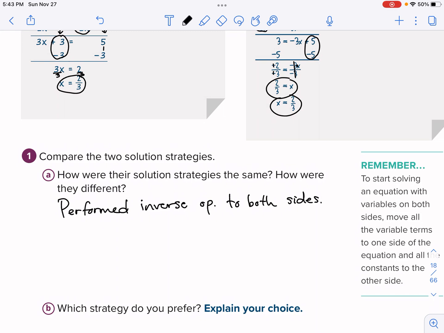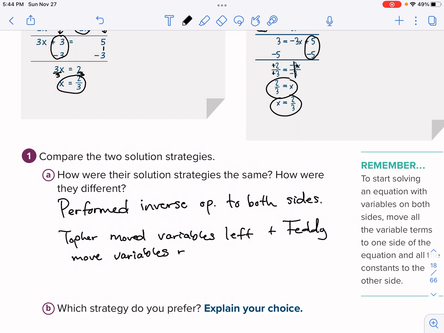But one strategy is, Topher moved variables to the left, and Teddy decided to move variables to the right.